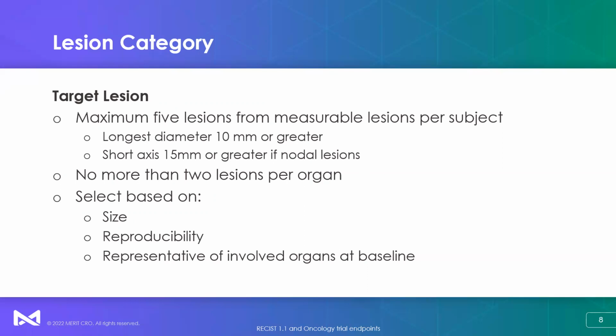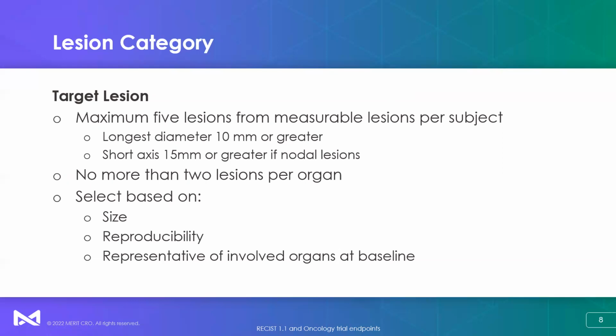And the target lesion should be selected based upon size and reproducibility, and being representative of the involved organ at the baseline. For instance, reproducibility wise, it should be selected based upon how reproducible the lesion itself would be.